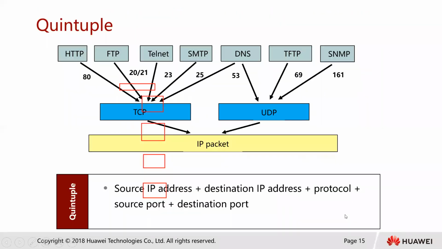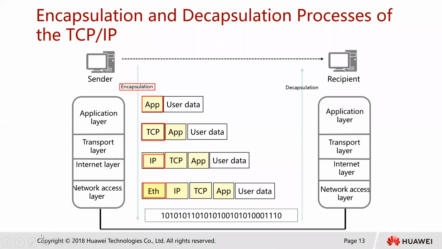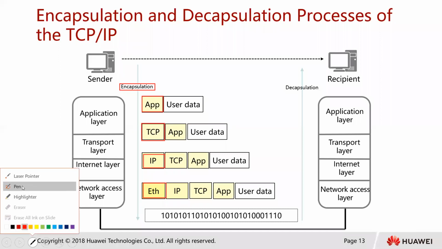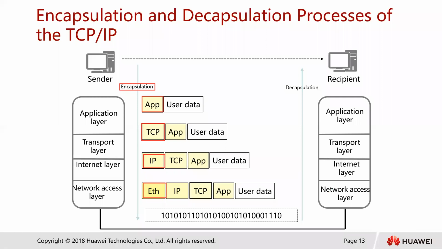It will go to our network access layer here, and our access layer will look at the different protocols which have been used, and process it accordingly. It will strip off the Ethernet packet, and forward the data to the internet layer.